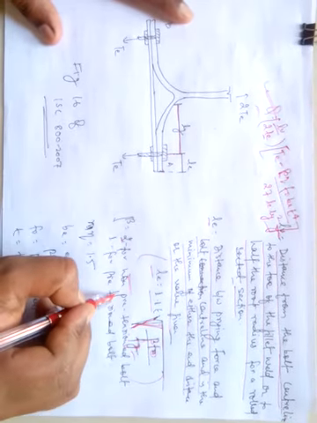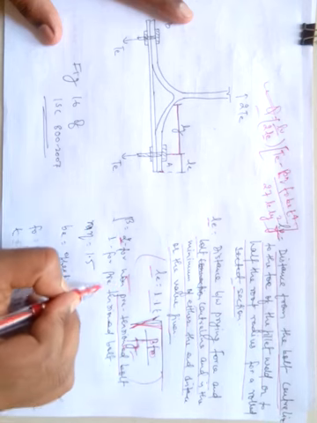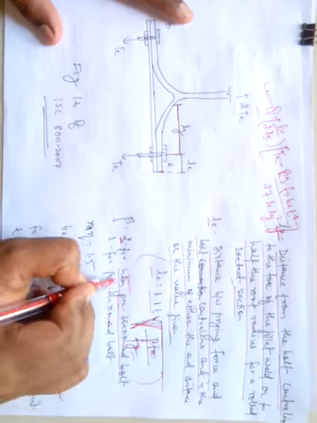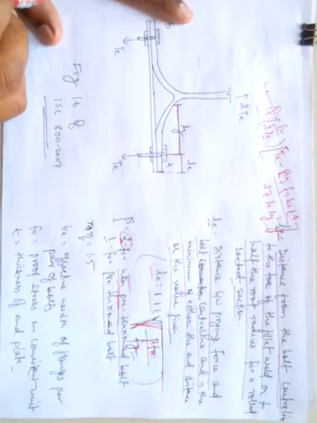Beta is 2 if it is not pre-tensioned, and if it is pre-tensioned, beta will be 1.